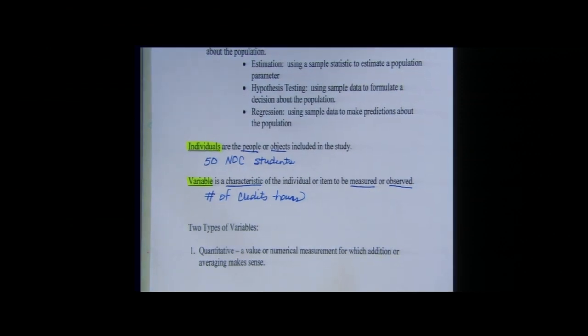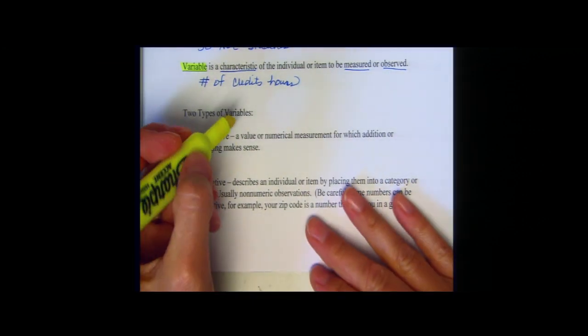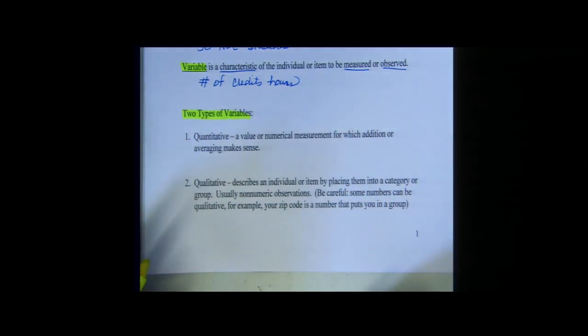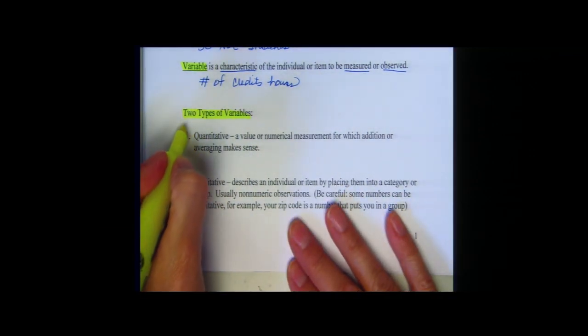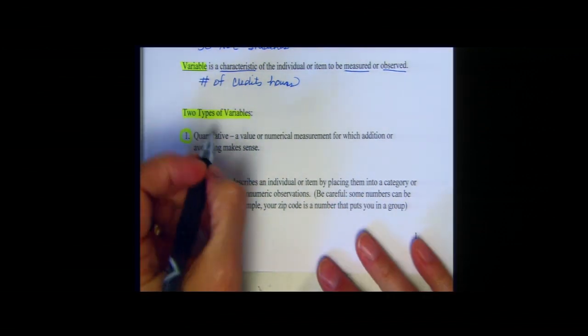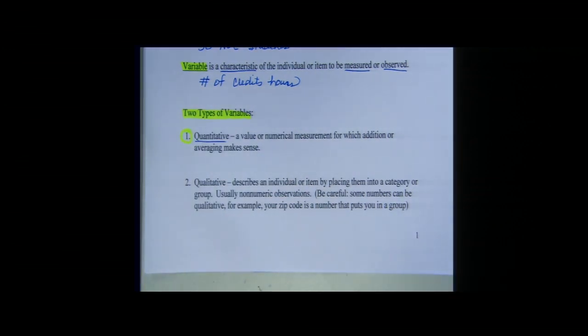Now, in the category of variables, there are two types of variables, and you need to know the two types and be able to distinguish between the two. The first one is what we call quantitative, and it is a value or numerical measurement for which addition or averaging makes sense.